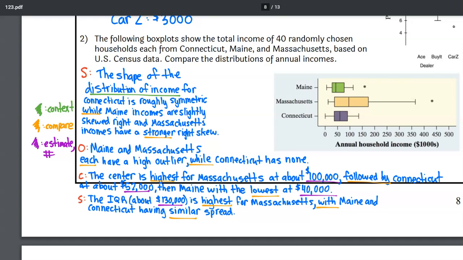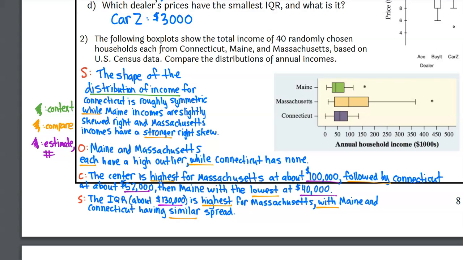Now we go through the acronym of SOCS. O, let's talk about any outliers. Maine and Massachusetts each have an outlier, a high outlier, while Connecticut has none. There are no little stars here on Connecticut. C, for center, the center is highest for Massachusetts.